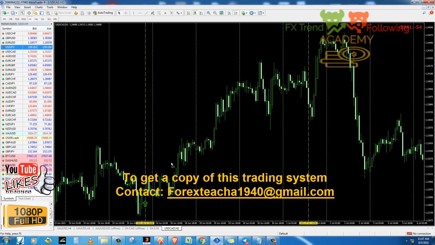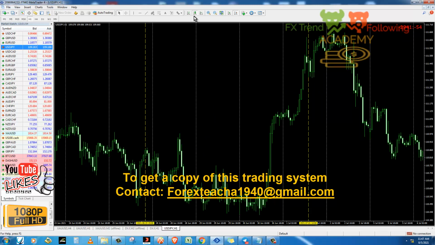USD JPY, we expect it to go up as well, which is right here. All right, it first went I think up about 11 pips in profit. If you put this stop loss just below the recent one, it was going to get stopped right here.